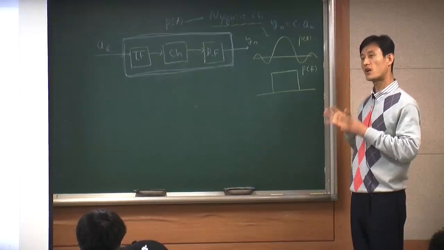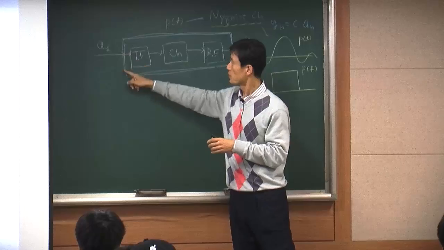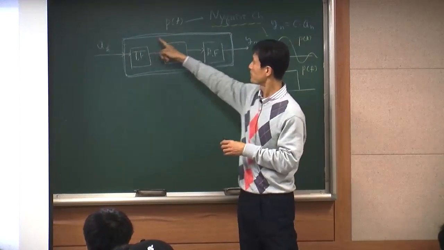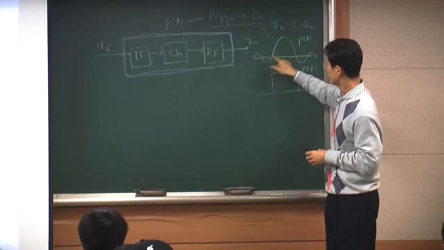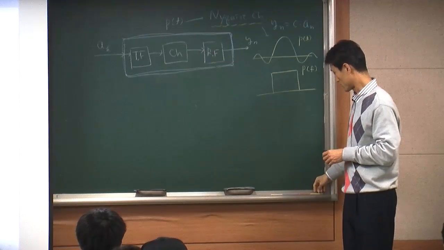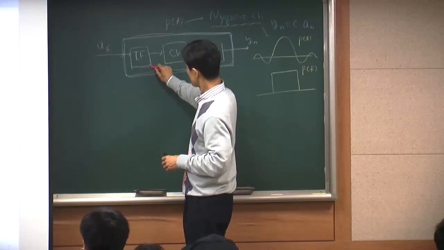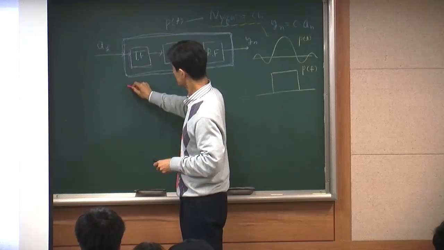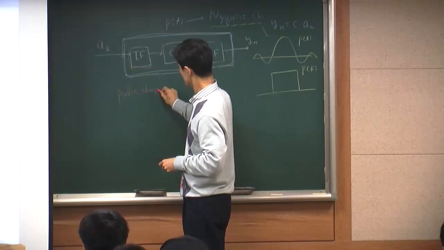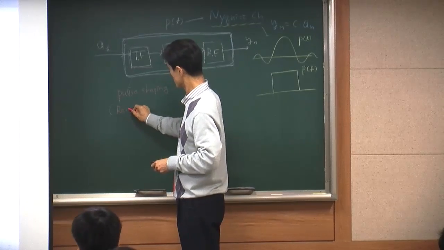So if we make it perfect, like ideally, if we make this whole thing a Nyquist channel, then this blue diagram, blue box, will have a time domain response and this frequency domain response. That's our goal. Now, right now we are looking at only this part. This is called the pulse shaping filter. And an example of pulse shaping is raised cosine.